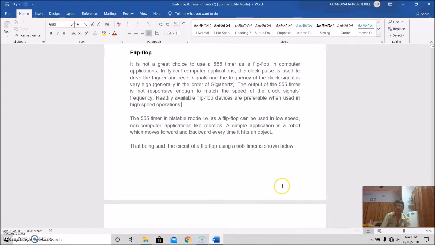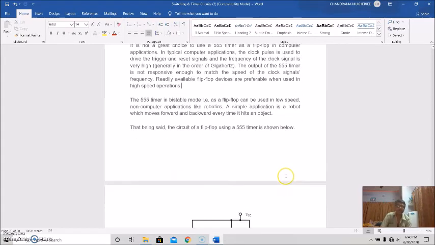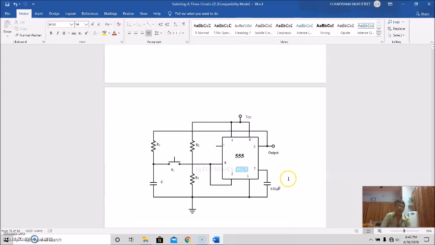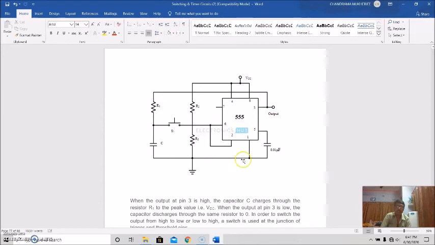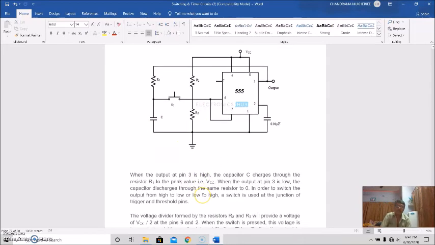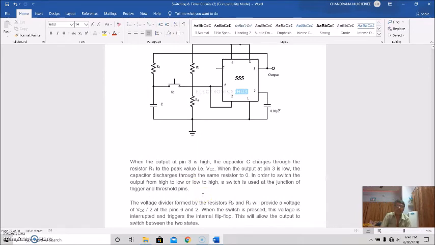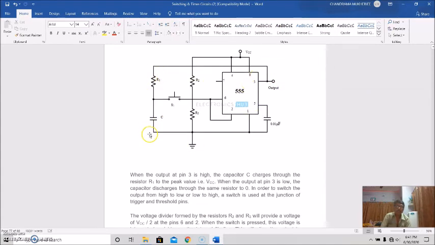A simple application is a robot which moves forward and backward every time it hits an object. That being said, the circuit of a flip-flop using a 555 timer is shown below. Here it is, the circuit. A little bit of modification is there. When the output pin 3 is high, capacitor C charges through the resistor R1 to the peak value of VCC.